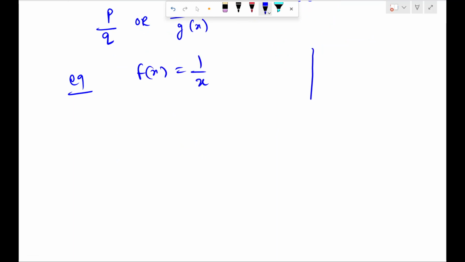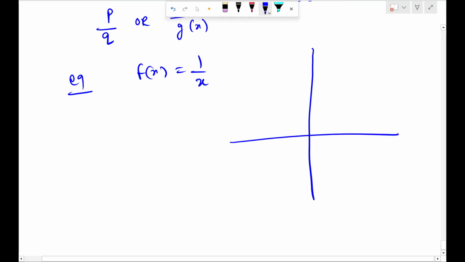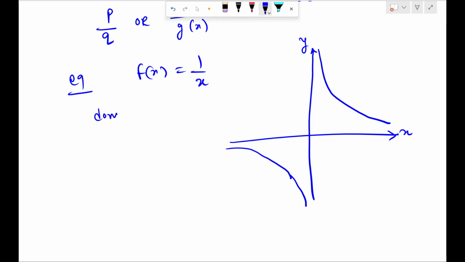Its graph will be like this. This is y, this is x. Its domain will be R minus 0 and range is R minus 0, where x is not equal to 0.